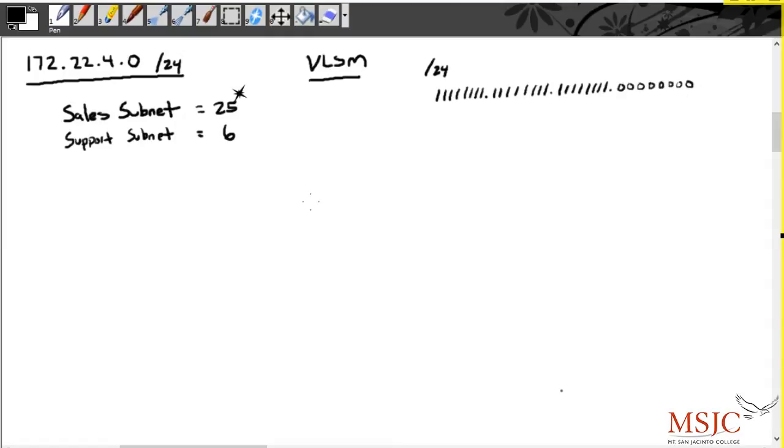So that's our existing subnet mask. To get to a subnet mask that can support 25 hosts per subnet, we have to determine how many host bits are required in the host portion of this mask in order to accommodate 25 hosts per subnet.